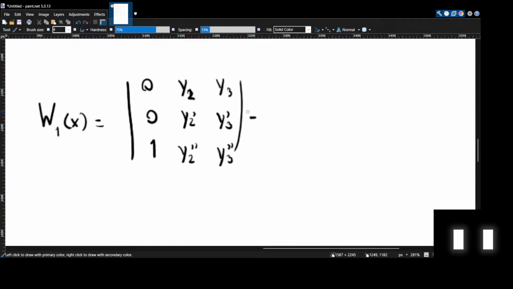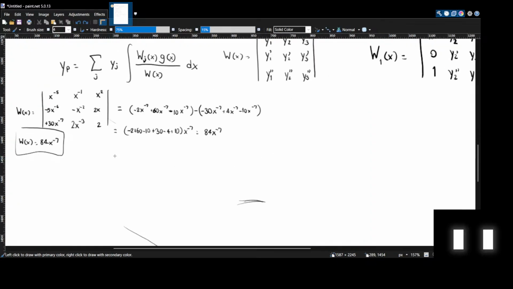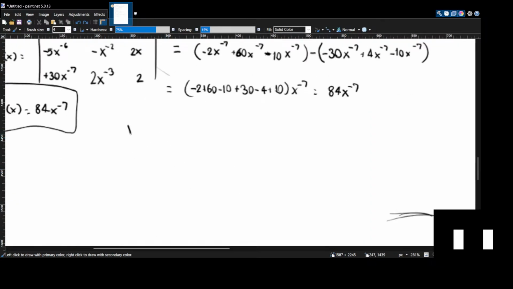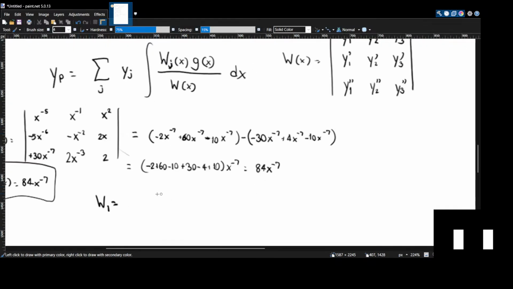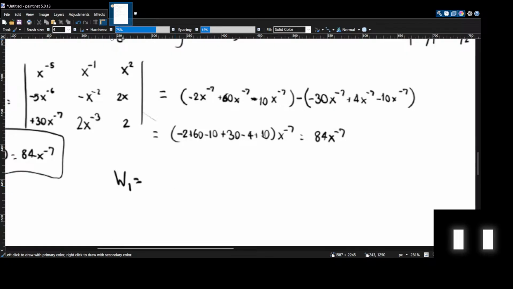So in our case, let me find w1. Well, we can easily calculate that because we already have this one, and we know that w1 means this term goes to 0, this term becomes 0, this term becomes 1 instead. This diagonal doesn't matter, this diagonal doesn't matter. The only diagonal that matters is the one that comes from x to the negative 1, the only one that comes from here.